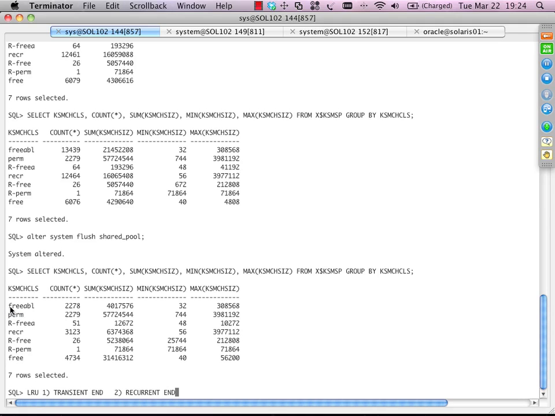So the next one is freeable chunks. You see, even though I did a flush shared pool, not everything was flushed out here. And the reason, an important thing to remember here, is that freeable does not mean free.